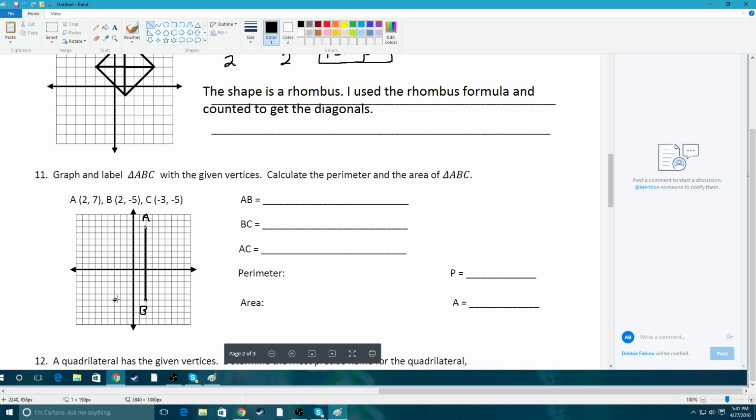So there's AB, there's BC. There's our triangle.